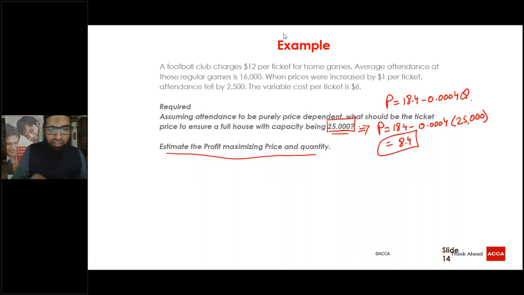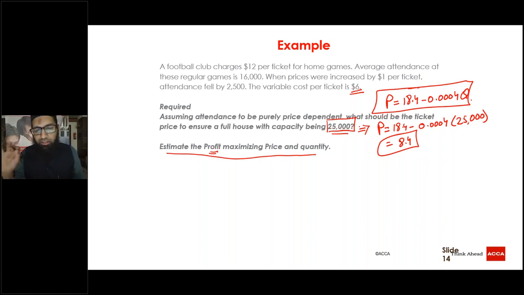Now, let's estimate the profit maximizing price. What should be the price at which my profit will be maximum? For this, we have been told that the variable cost is $6. The first step was to estimate the demand function, and we already did that. The second step was to estimate the variable cost per unit, which is $6, provided in the exam.